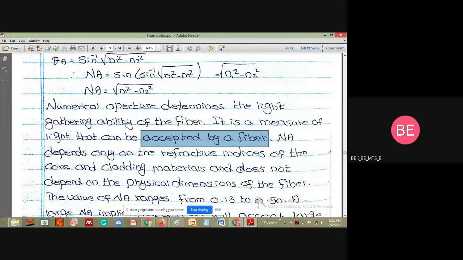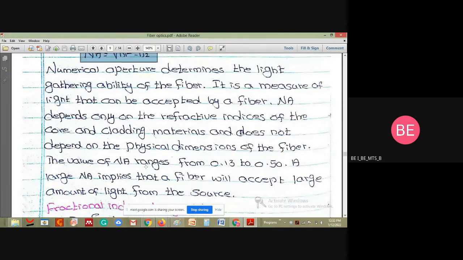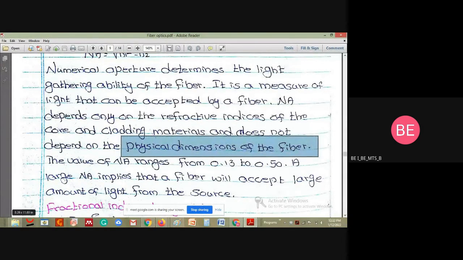Numerical aperture depends only on the refractive indices of core and cladding. You know the expression for numerical aperture is root of n1 square minus n2 square, so it depends only on the refractive index of core and of cladding, and it does not depend on the physical dimension of the fiber. Please remember this point.